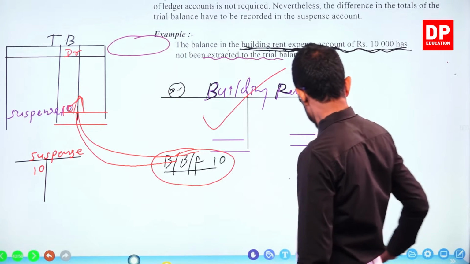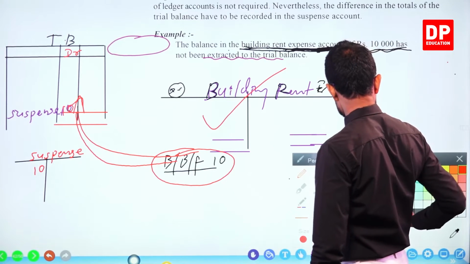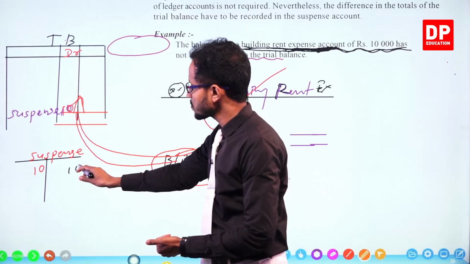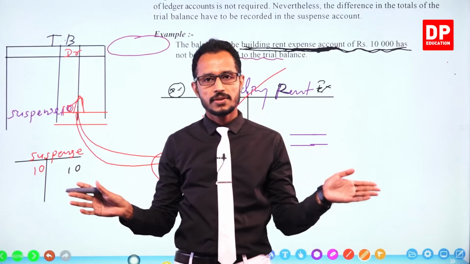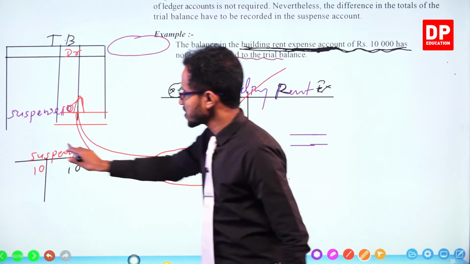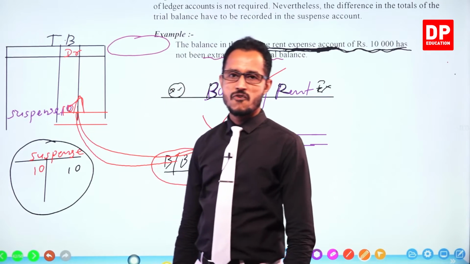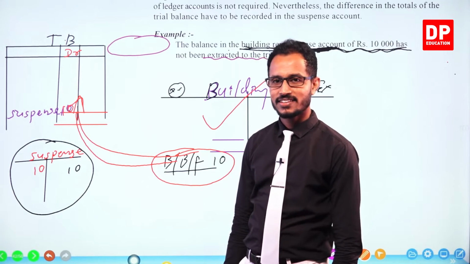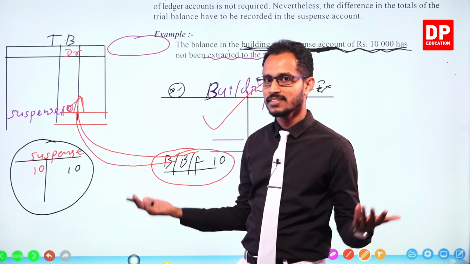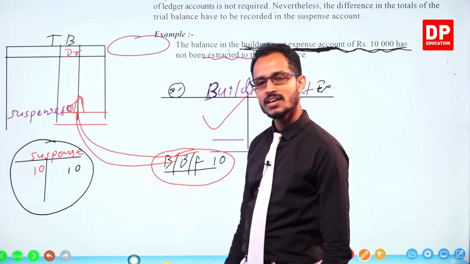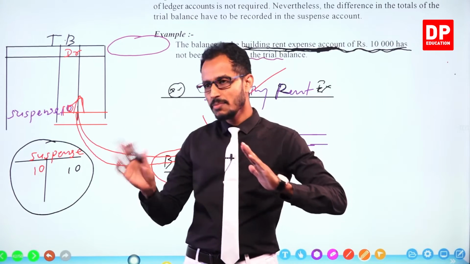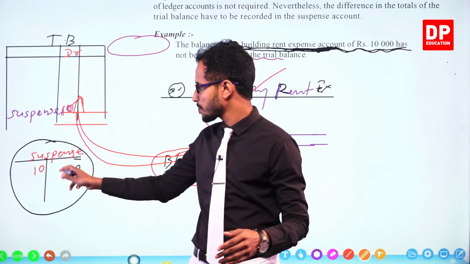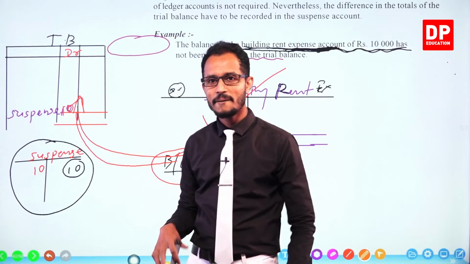When you correct this error, you debit the trial balance with 10,000 and credit the suspense account with 10,000. That is the double entry. Then the suspense account can be cancelled off because the error is corrected. That is why I say trial balance should be debited and suspense account should be credited. Yeah, you got it?